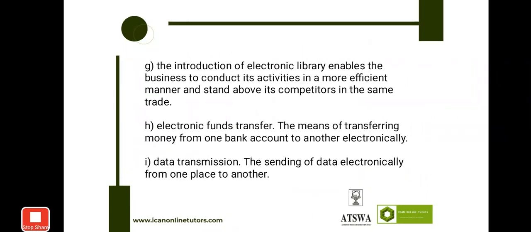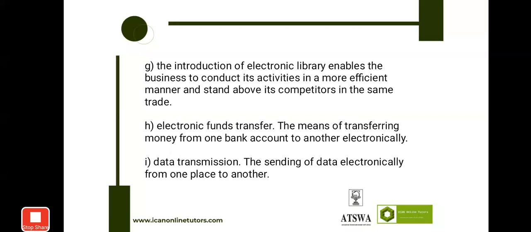Information technology has brought about the introduction of electronic library, which enables the business to conduct its activities in a more efficient manner and stand above its competitors in the same trade. Unlike before, we usually had physical libraries where you would have one library in a particular location for everybody in that community. But now we have what we call e-library, electronic library, where with our electronic gadgets like our phones, tablets, laptops, desktop computers, we can read.